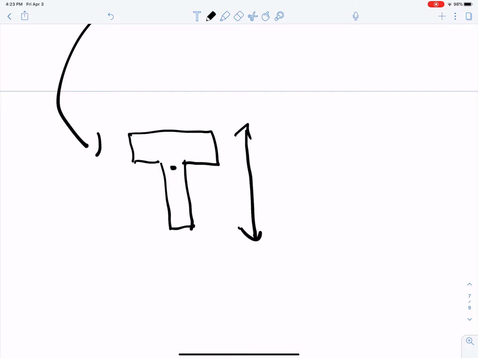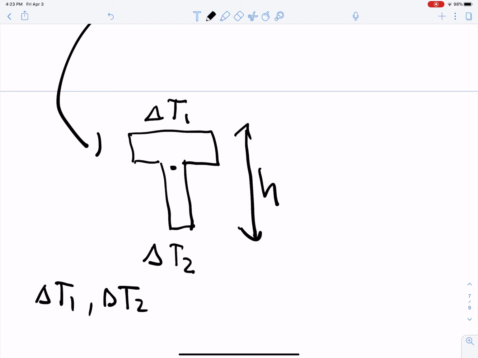This size will be h. And so then what we'll do is we'll apply some delta T1 at the top, and delta T2 on the bottom. Delta T1, delta T2 would be applied temperature differential.